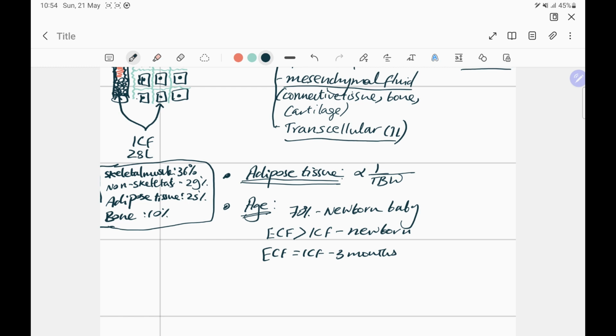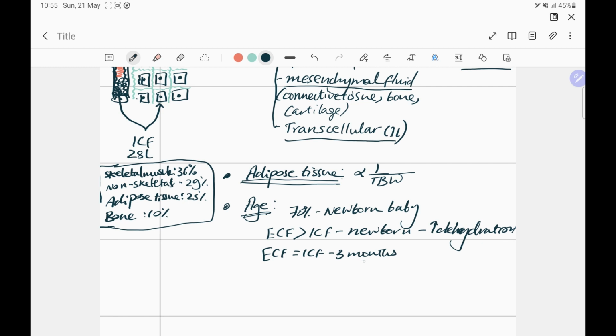So that means exchange happens at these epithelial surfaces, and if you have more ECF, there is more exchange likely to happen, and hence you might be able to lose more fluids from your body when you're a newborn baby. Hence you are more prone to dehydration. There is a much higher chance of dehydration in newborn babies than as people grow older.